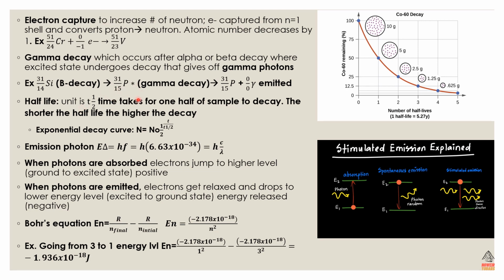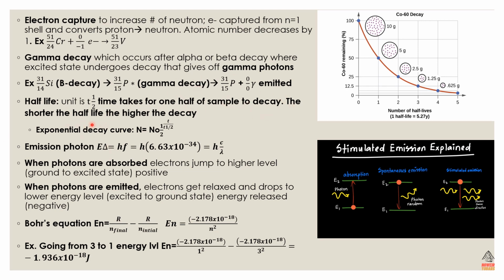So it gets converted to P, and then now it's in an excited state because of the star. In order to remove it from the excited state, it undergoes gamma decay and emits gamma photons, but stays the same. No change in the atomic mass, no change in the protons.